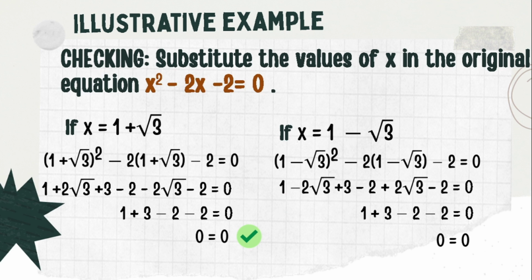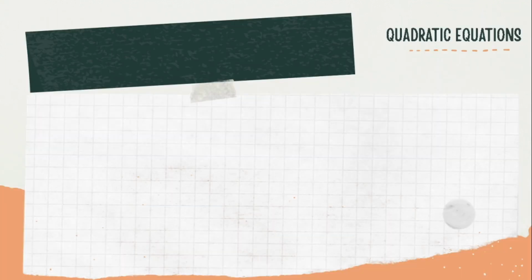Simplifying it, we'll have 1 plus 3 minus 2 is equal to 0, giving you the result of 0 is equal to 0.